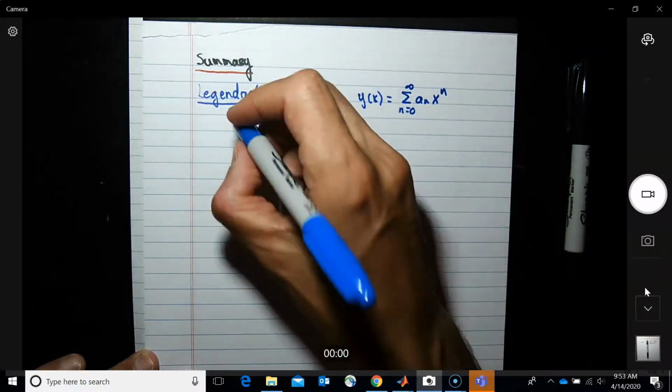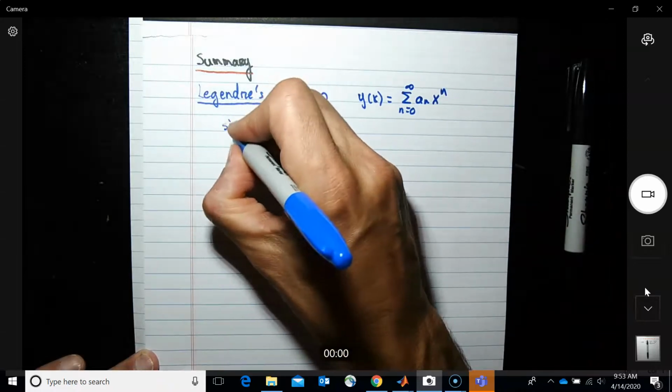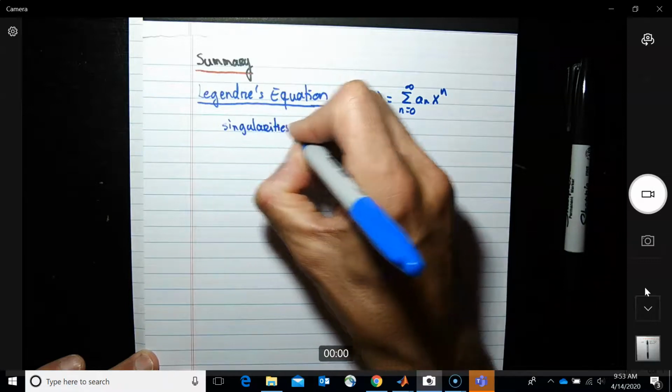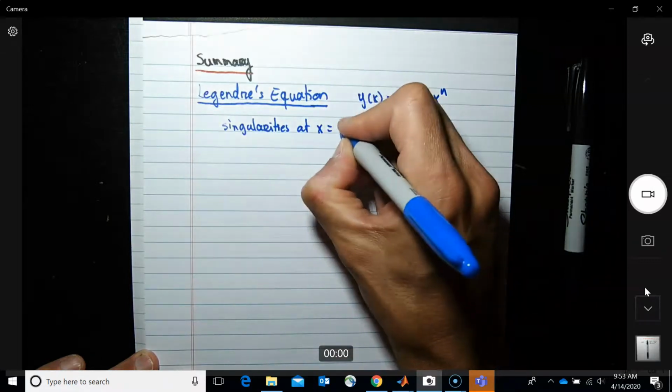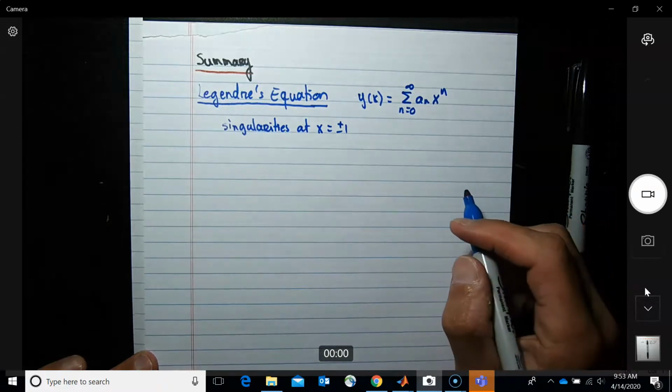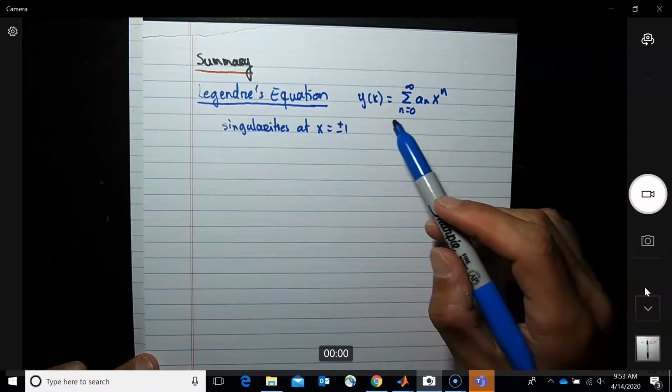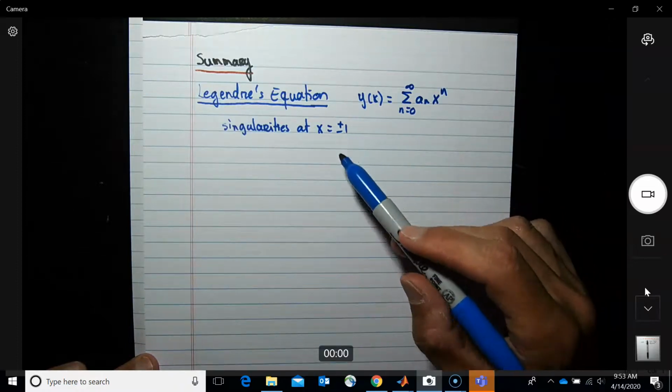But the Legendre equation had singularities at x equal plus or minus 1. If you want, you can go back to the solutions. You have those Legendre equations, but basically it will be just between minus 1 and 1.